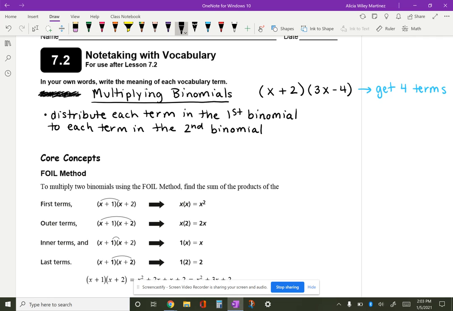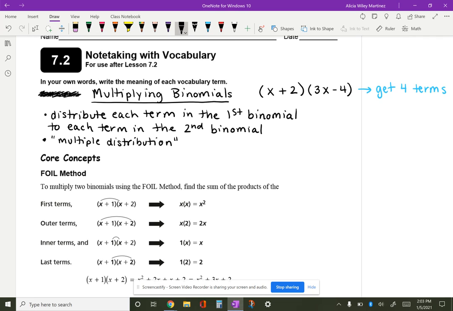Okay. I like to think of this as multiple distribution because that's what you're doing. You are multiplying, you're distributing multiple times within one problem, okay? And again, by doing this multiple distribution, you're going to get some terms, okay?